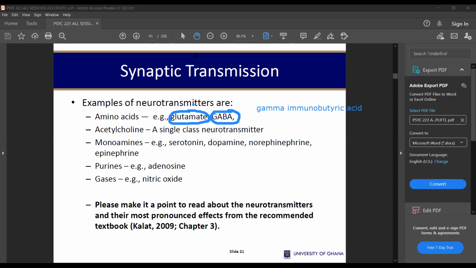The person has epilepsy because there are a lot of activities going on within the brain. The brain is firing a lot. So in most situations, drugs which are given to epileptic patients when they go through those seizures contain GABA so that it would decrease the firings going on in the brain.